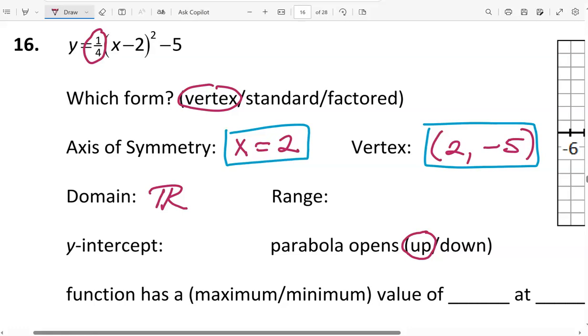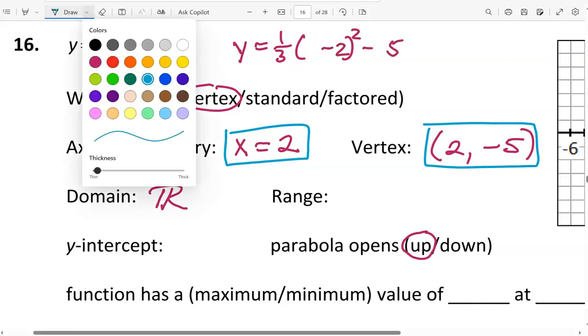Domain is all real numbers for any quadratic function, but range we'll take a look at when we look at the graph. The y-intercept is found by letting x equal 0. So I'm going to take the equation and replace x with 0, and then compute the y-intercept.